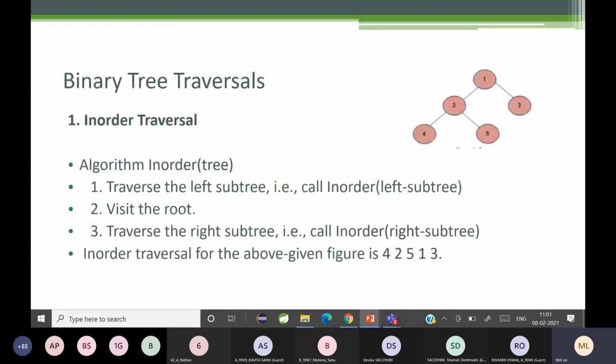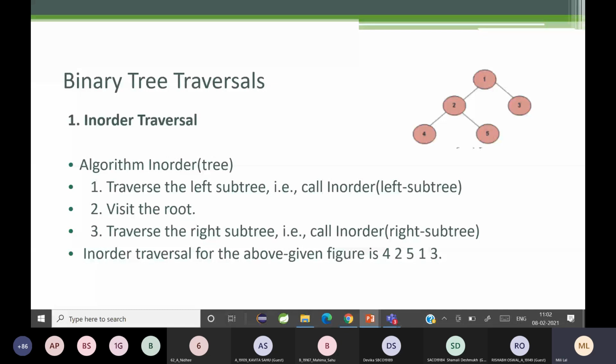Now next is binary tree traversals. So how to traverse a binary tree? We have three traversals: in-order traversal, pre-order traversal, and post-order traversal. Today we'll learn in-order traversal.